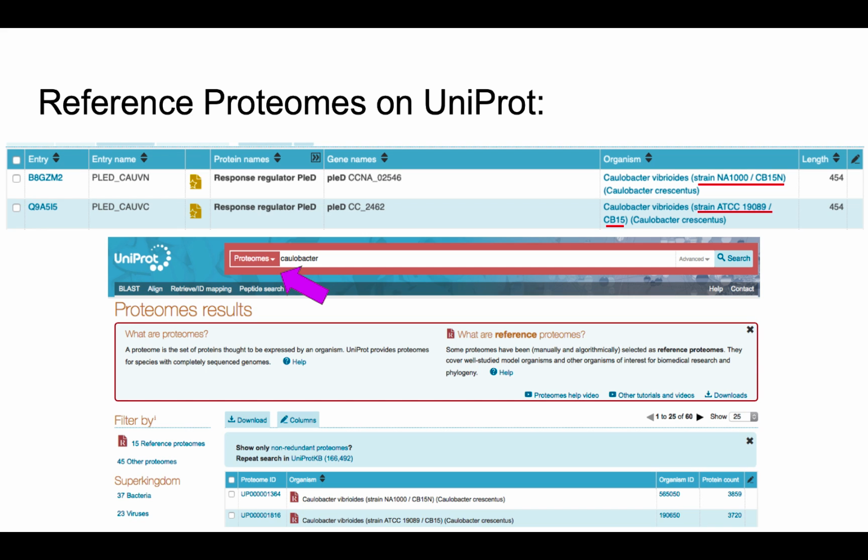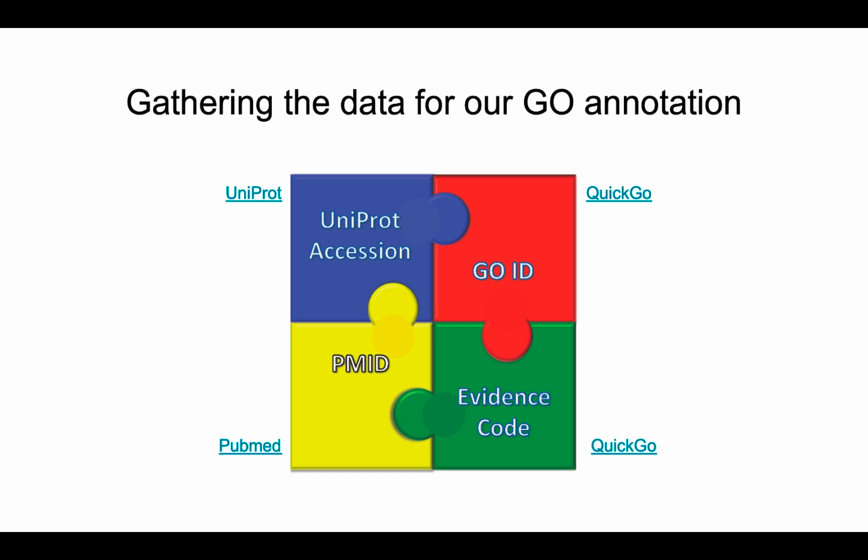What do I annotate to? So you look for the reference proteome. You'd search for Caulobacter and find out which one matches the right species, and then you can annotate to the protein in the reference proteome. Anytime you have issues finding a protein, we will help you find the protein, so you can definitely ask questions about that later. So that's for finding the protein.